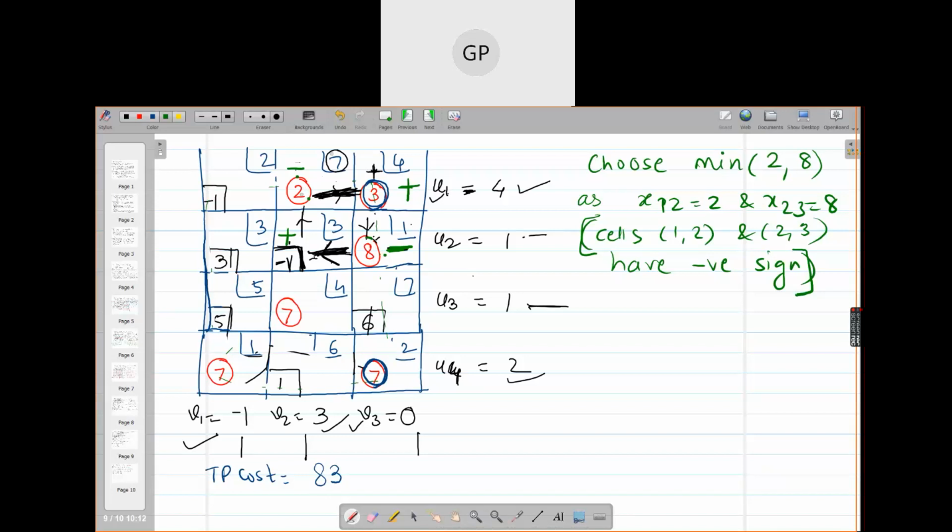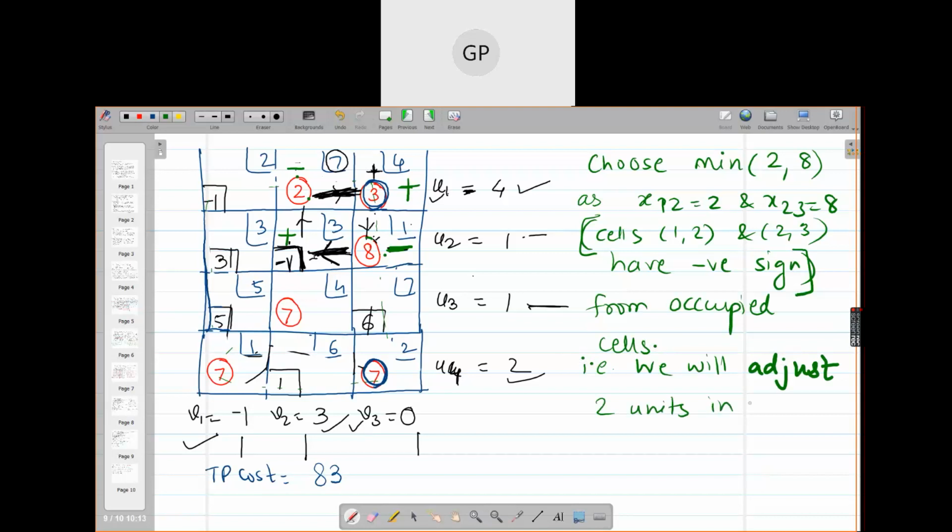And therefore we will choose the minimum of 2 and 8 from occupied cells. Everyone is getting this? So how many units am I going to adjust? 2 units. That is, we will adjust 2 units, but where will we adjust?